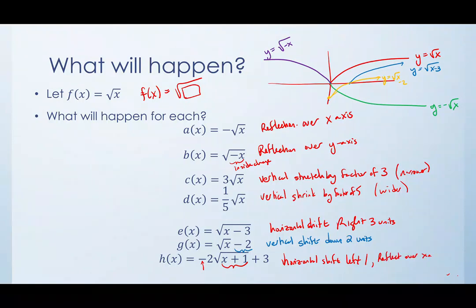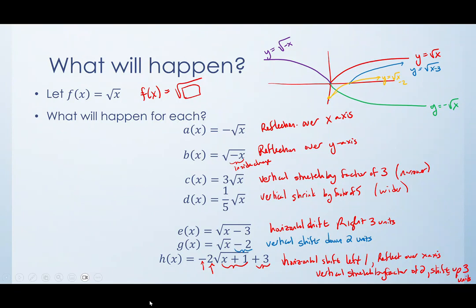We've got a vertical stretch by a factor of 2. And we've got a shift up 3 units. It's all pretty complicated there. So let's look at that one real quick.